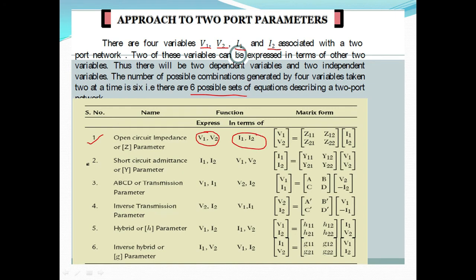In case of the short circuit admittance, or Y parameter, I1 and I2 are the dependent parameters and V1 and V2 are the independent parameters. So how to write it now? V1 is equal to Z11 I1 plus Z12 I2, and V2 is equal to Z21 I1 plus Z22 I2. In this way we write the equation.